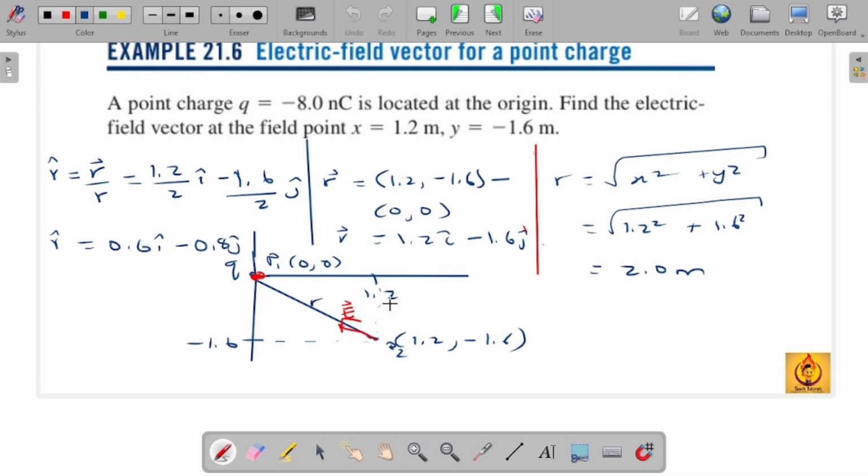If you were to break it into components, we would have the x component moving this way and the y component moving upwards. Do you realize that our component of x is negative and our component of y is positive?